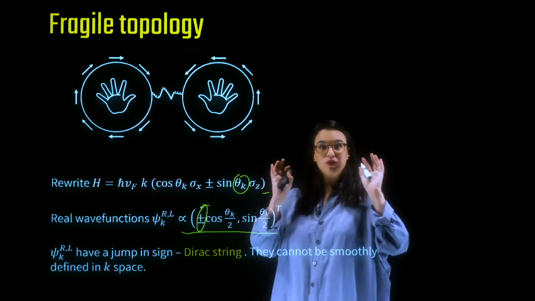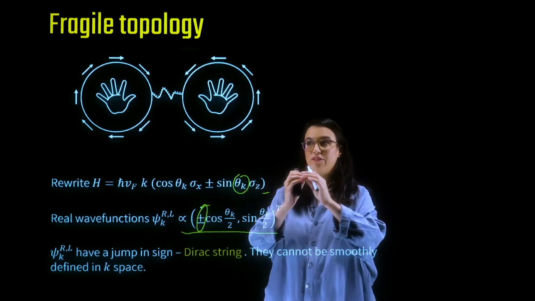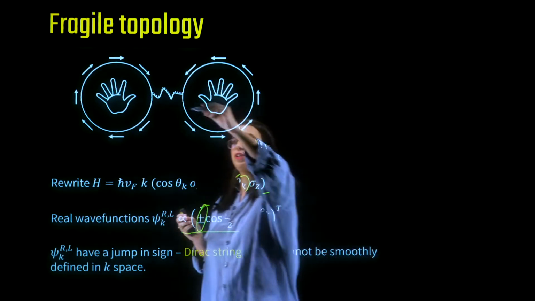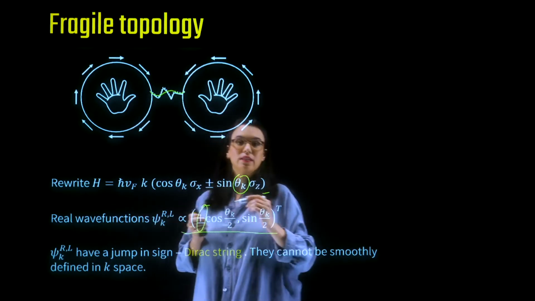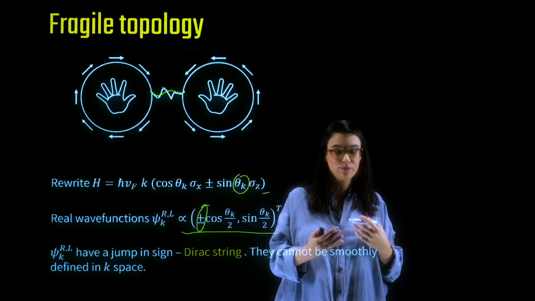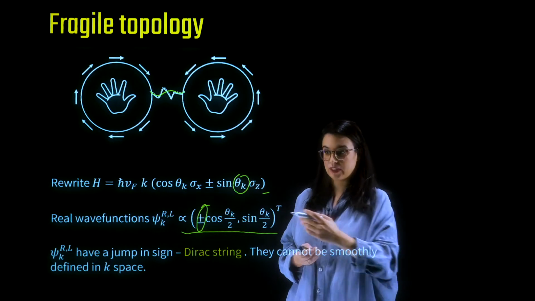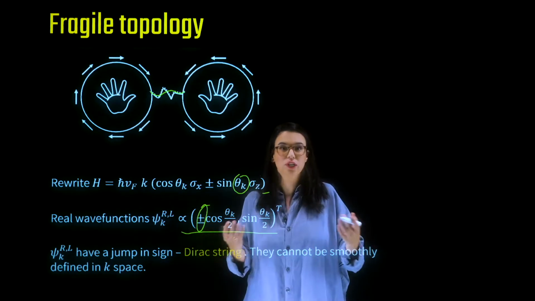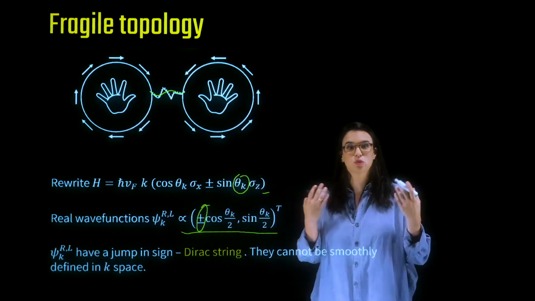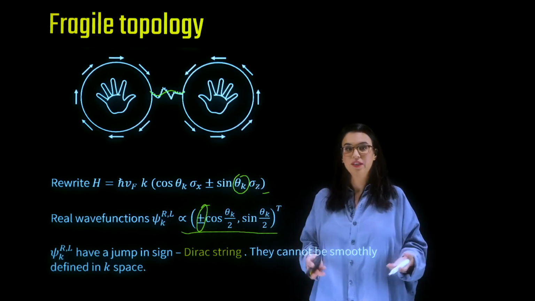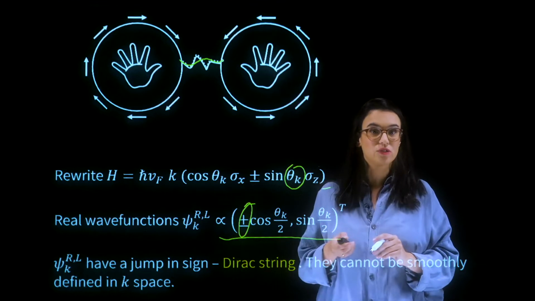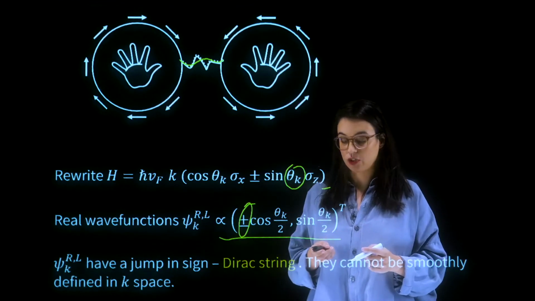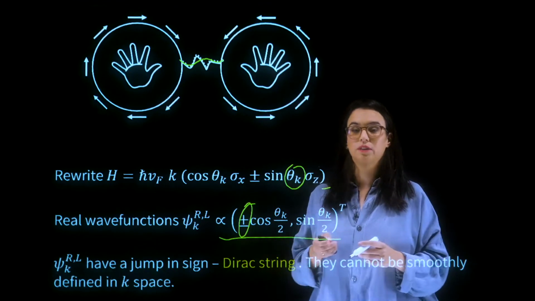And we see that in order to have these states, we will have a region in between the Dirac points where we're necessarily going to have a jump in the sign of the first entry of the wave function. And this is a branch cut in the definition of the wave functions, which we'll call a Dirac string. The fact that we have a Dirac string here means that we cannot really define smoothly the wave functions in momentum space.